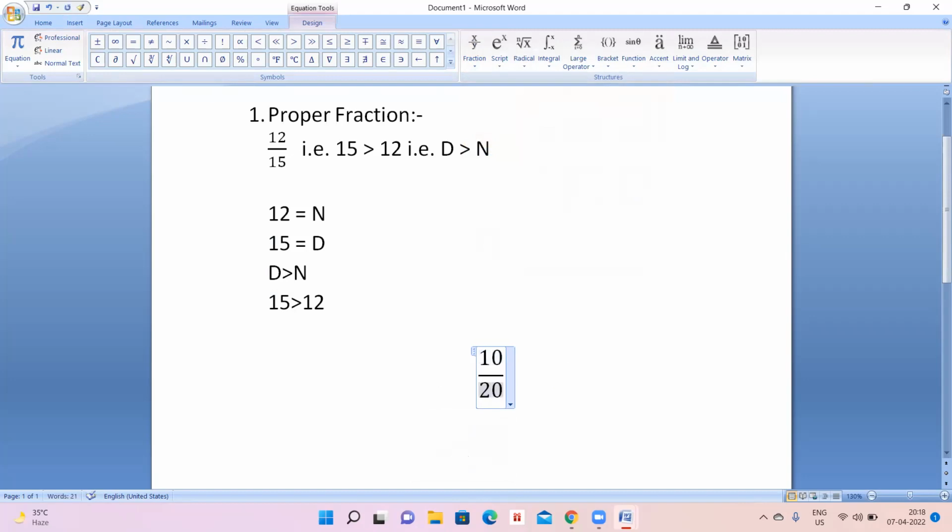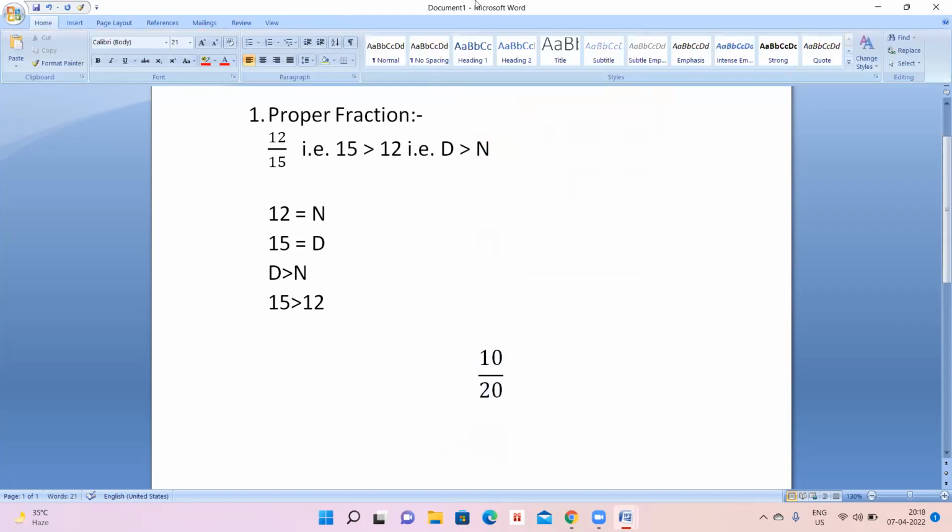My dear students, you can easily see that the fraction is in the form of numerator upon denominator, and the denominator is greater than the numerator, because 20 is greater than 10. That means this fraction is a proper fraction.